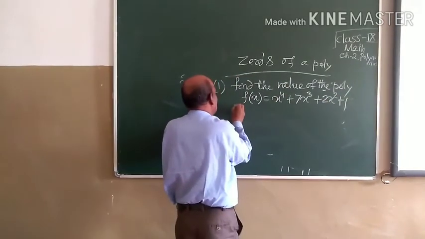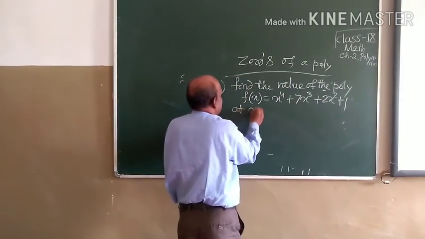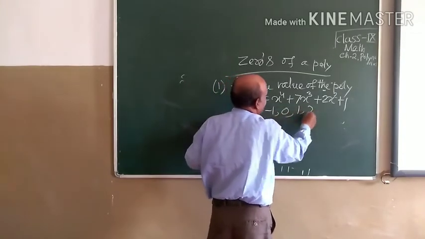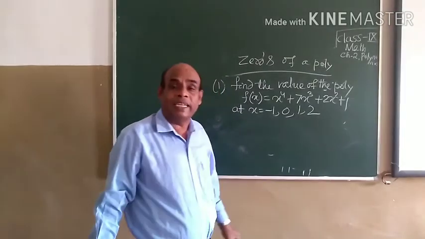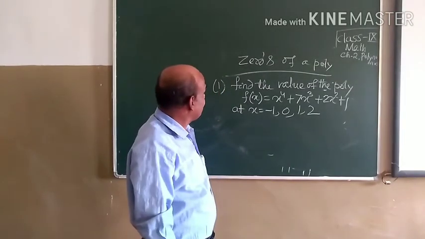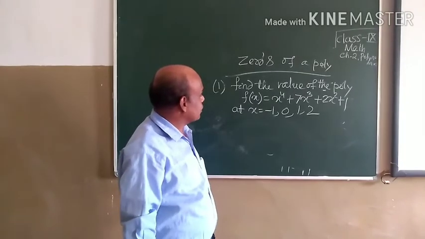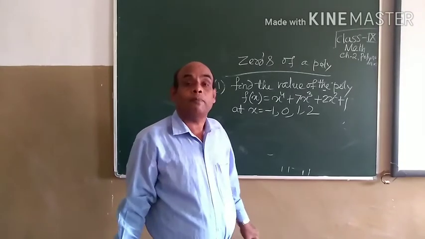Find the value at x is equal to minus 1, 0, 1 and 2. You have to find the value of the polynomial when f(x) is equal to x to the power 4 plus 7x cube plus 2x square plus 1.